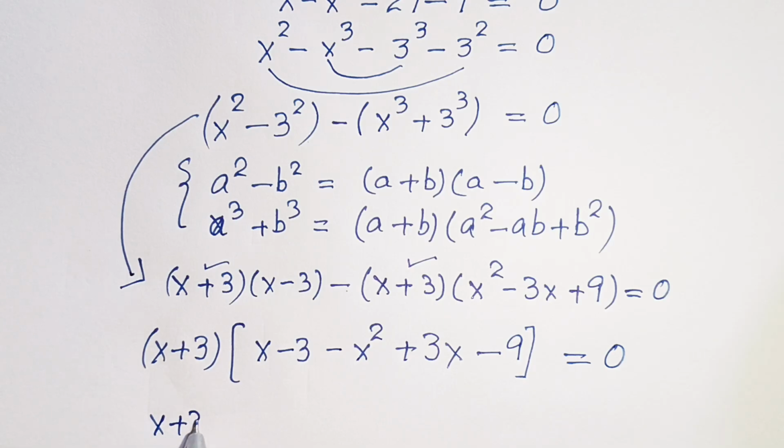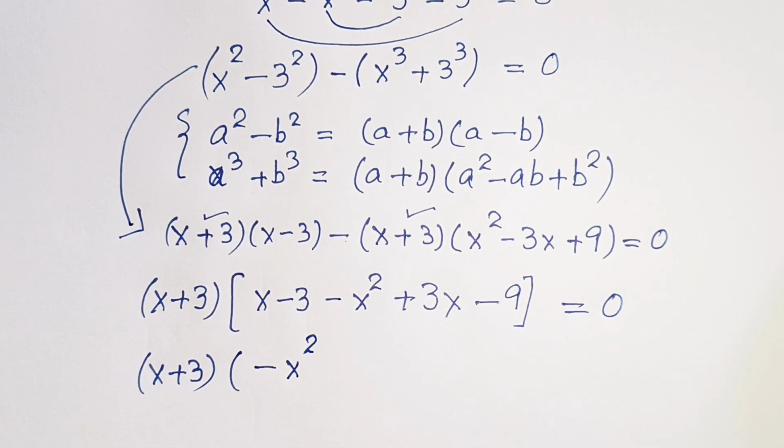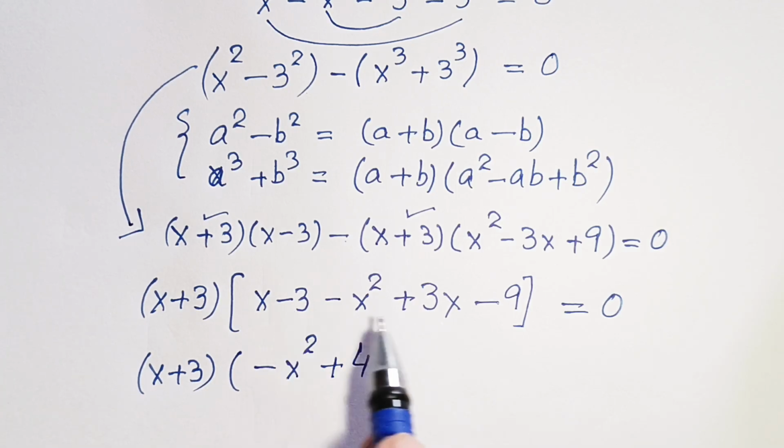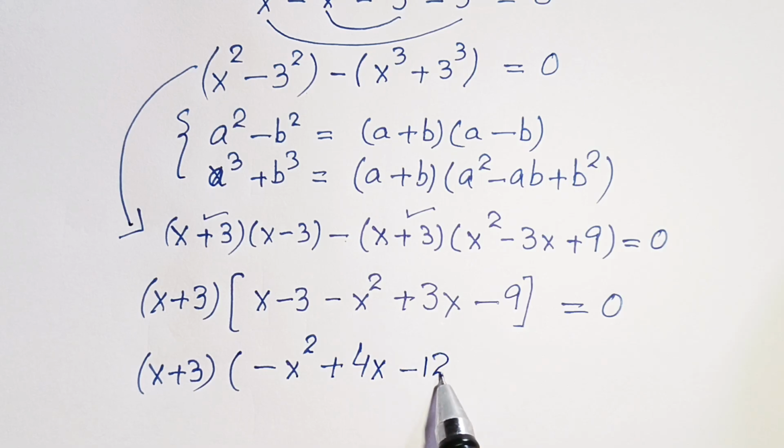Now if we add like terms, we write minus x squared first, according to setting our order, then x plus 3x, we have plus 4x. Now minus 3 minus 9 is minus 12, which is equal to 0.